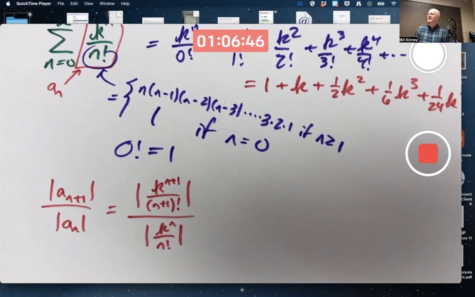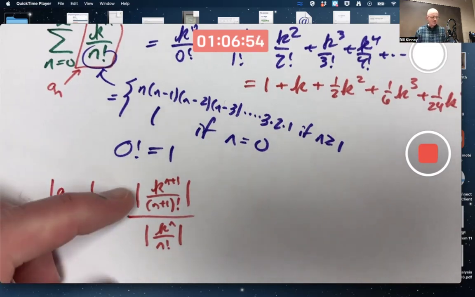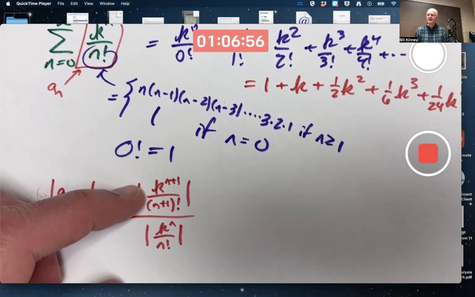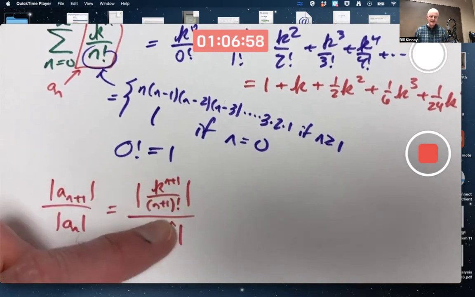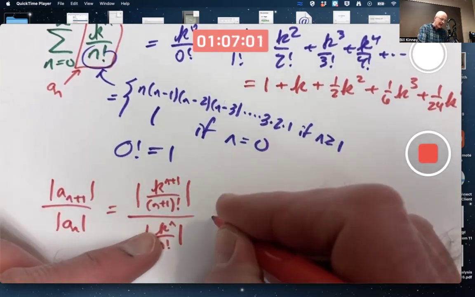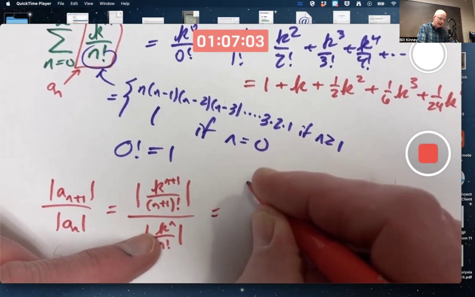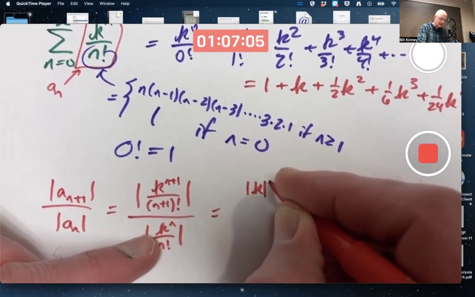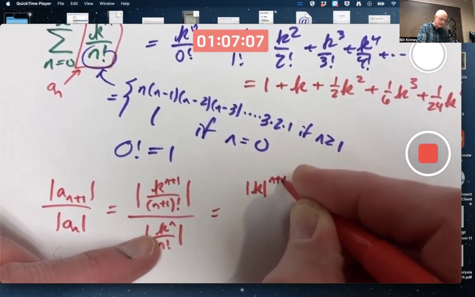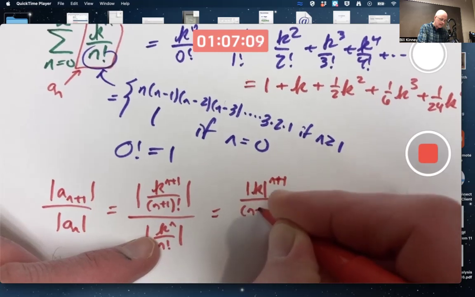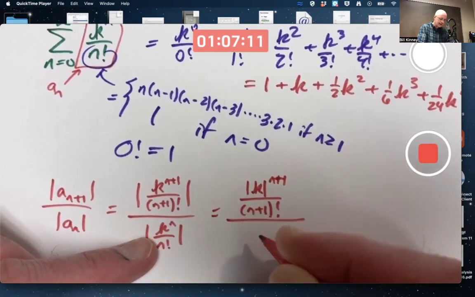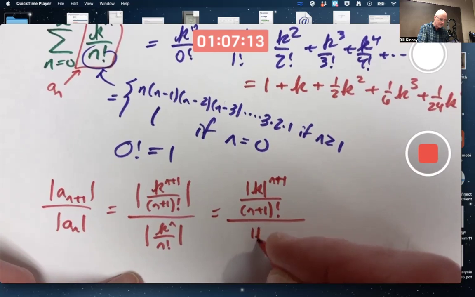Well, okay, keep in mind the factorials themselves are not negative, so I don't need absolute value signs around those things. Also, the k could be positive or negative, but the n and n+1 are not. It turns out I can put absolute value signs just around the k's, like this, because everything else is positive.